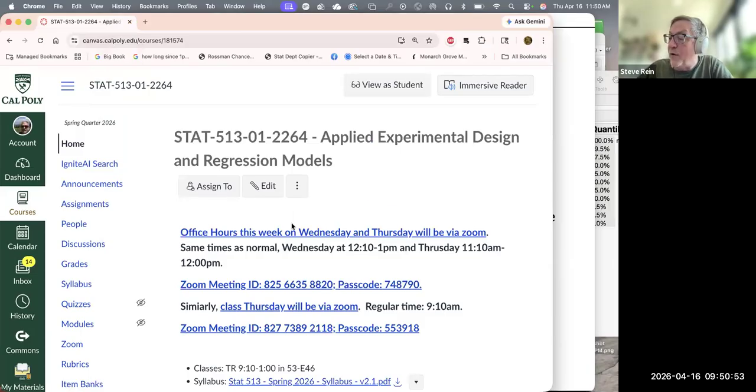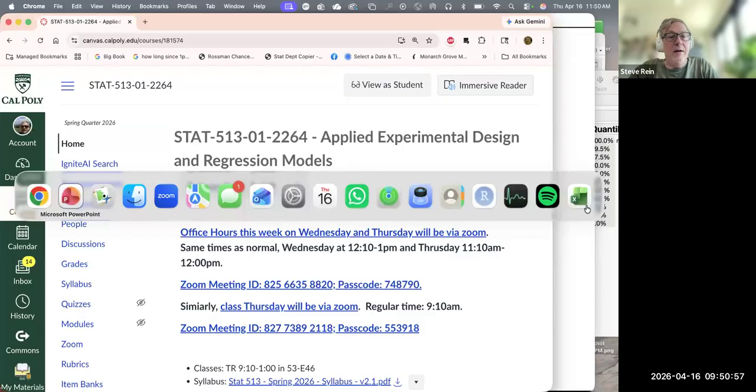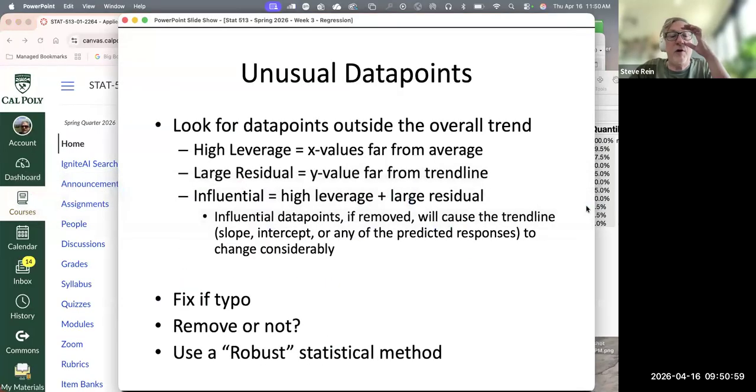So these unusual data points, let's just note where they are. And indeed, we might try to fix them. If you have a typographical error, I was once looking at a data set and I saw 3,200 pounds as the weight of a person. I said, that cannot be.